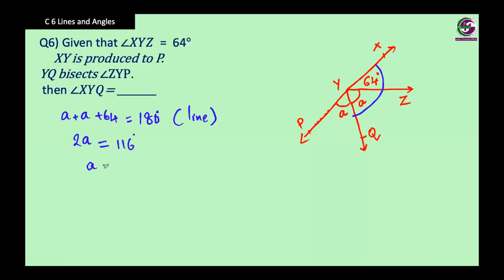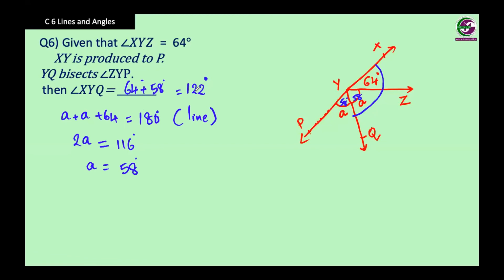So we have A is equal to 116 divided by 2, which is 58. So each of these angles is 58 degrees. So it's easy now. XYQ is equal to 64 plus 58, which is equal to 122 degrees.